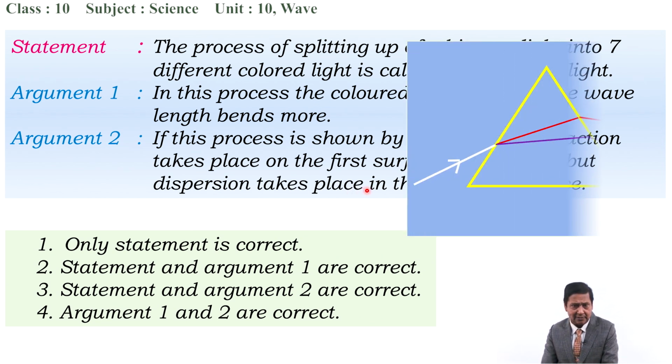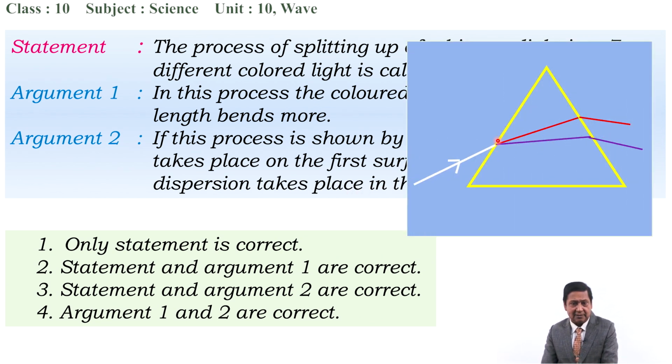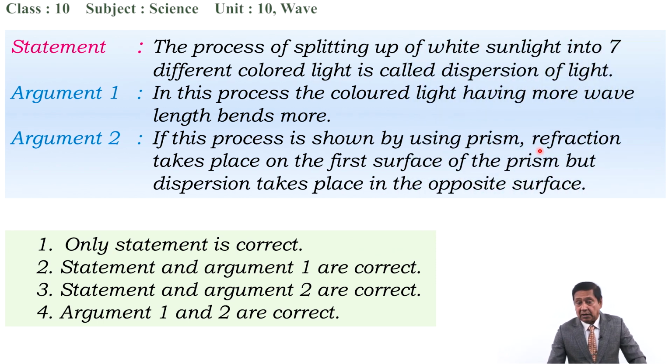Is it? Look at this. Here, dispersion takes place in the first surface and refraction in the second surface, but here what is written? In first surface refraction takes place and second surface dispersion takes place. This is an incorrect argument. That's why we have to drop this number 3 also.